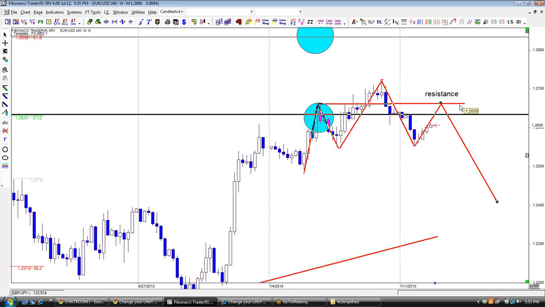This is very close to this resistance area. Now price tried to break the resistance, couldn't, fell off. Now it is retesting that level. Now what we'll do is we want to see a bearish candlestick formation here, or another pattern on a smaller time frame.